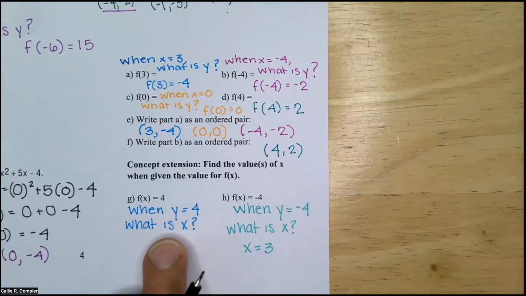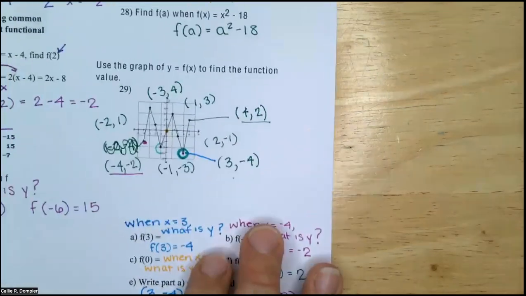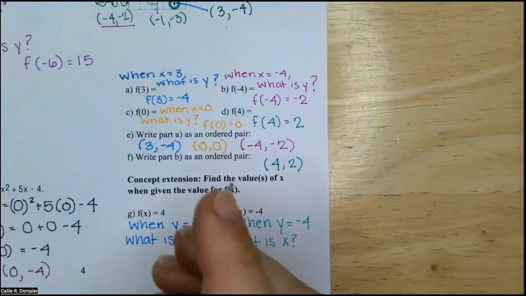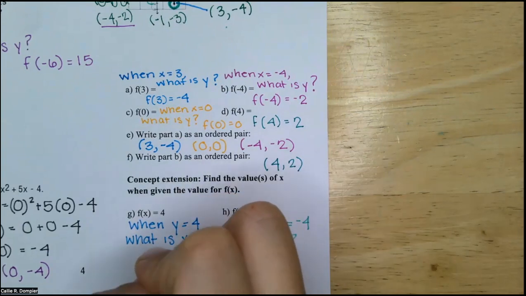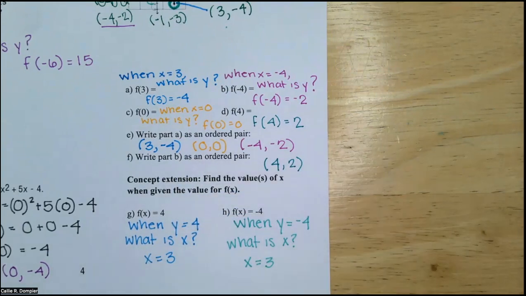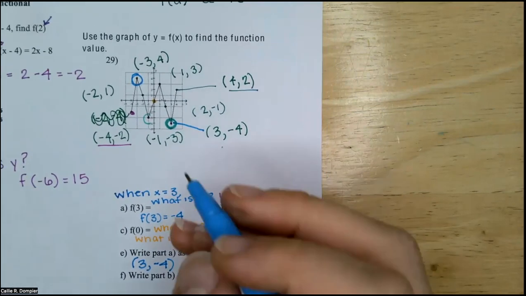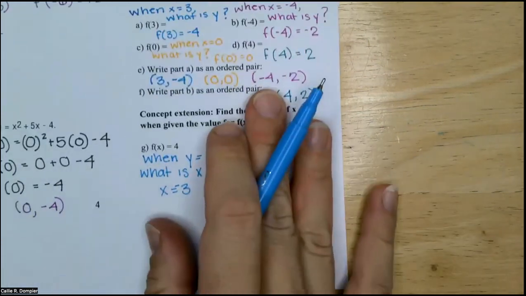When y equals 4, what is x? So when y is way up here at 4, x is -3. How do we write that? Sorry. x is -3 when y is 4.